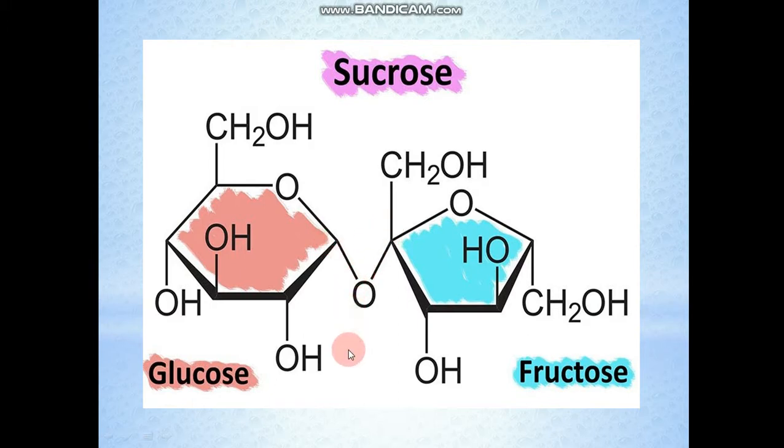The bond which is formed between two sugar molecules, between two monosaccharides, to give rise to a disaccharide and further, is called a glycosidic bond. So this is how we number it. Why do we call it 1,5? Because the first carbon in glucose is attached to the fifth carbon in fructose. So it is a 1,5 glycosidic linkage.